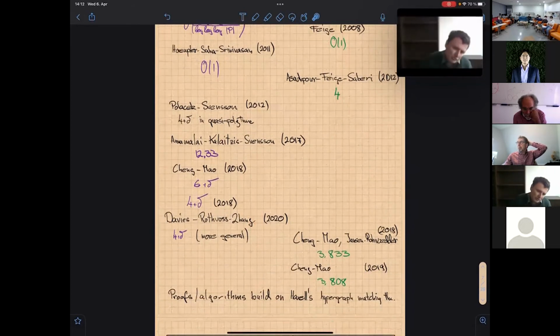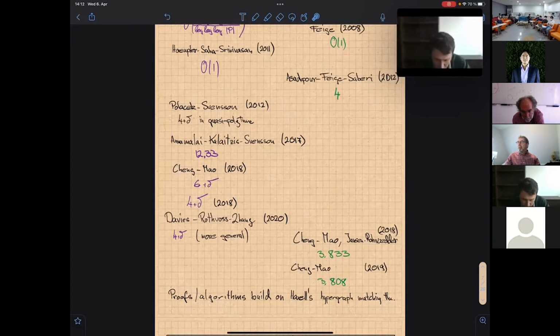So these are all using the configuration LP together with Haxell. And recently, the integrality gap also went below, again overtook the algorithmic results, and now it stands at 3.808. And all these proofs and algorithms do build on this combinatorial technique.